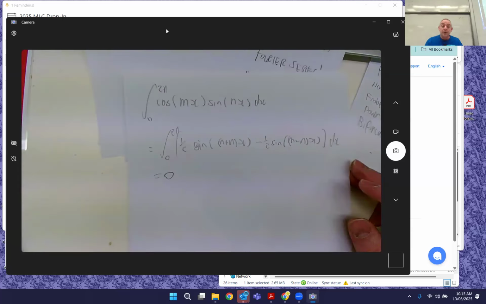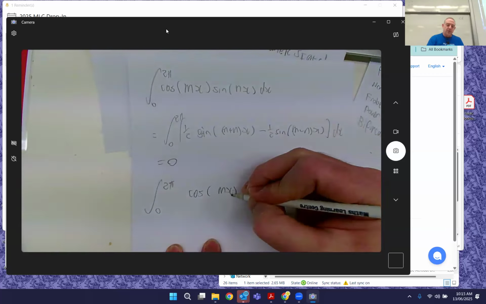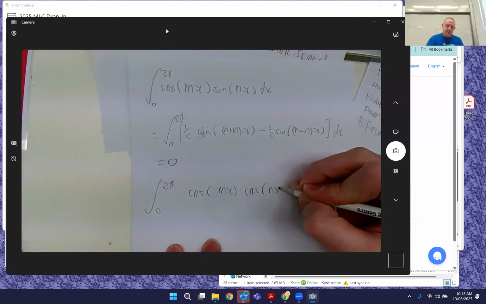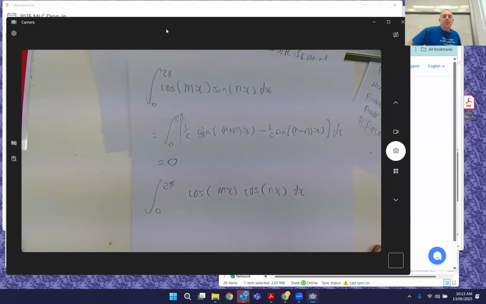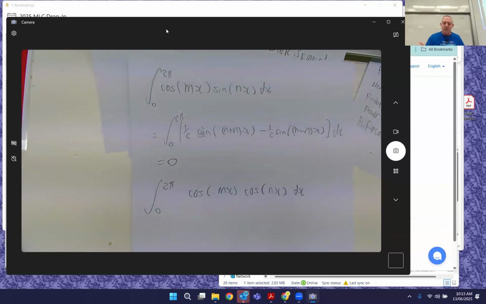And I also know, based on trig identities, that cos of mx times cos of nx would appear in the cos addition formula. You'd have cos of this plus this and cos of this minus this. I can never remember which way around everything is, but there'll be a trig identity.